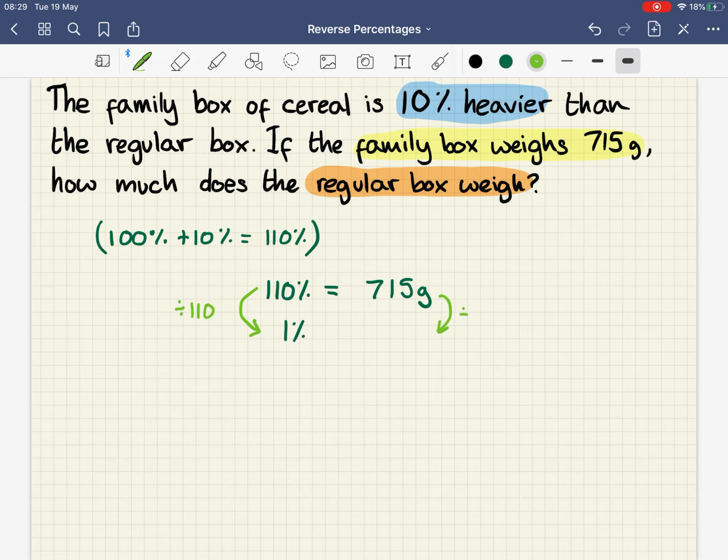And so I divide this side by 110. So go around my calculator, 715 divided by 110. And that is going to give me 6.5. And then my regular box will be that 100%. And so I times this by 100. And then I times this side by 100. And so my final answer will be 650 grams.